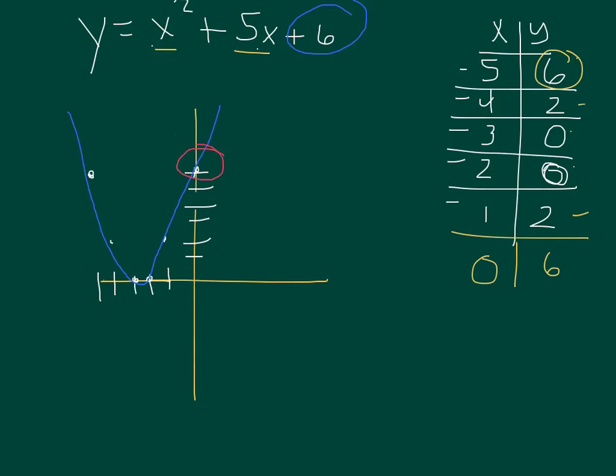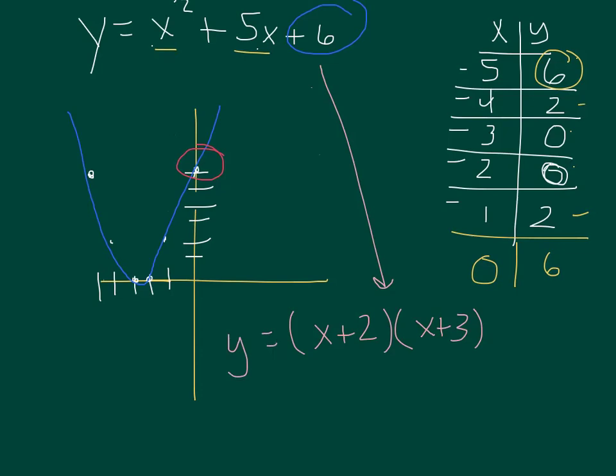Then I'm going to take this same graph, the same equation rather, and instead of graphing it with a t-chart, or in addition to doing that, I'm going to also ask what this would look like in factored form. So y equals, and I can factor this into x plus 2 and x plus 3.